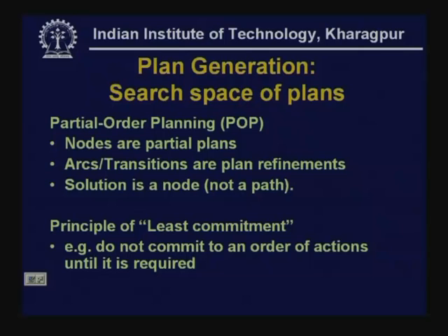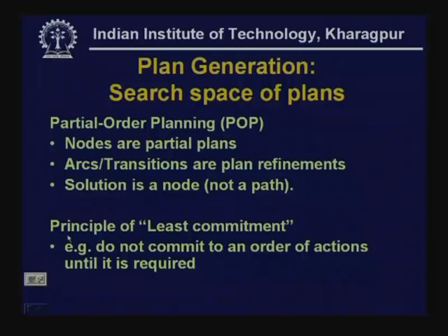So, in partial order planning, the nodes would be partial plans, and to get from one partial plan to another partial plan, the step is called plan refinement. By taking a partial plan and doing plan refinement, we get to another partial plan.